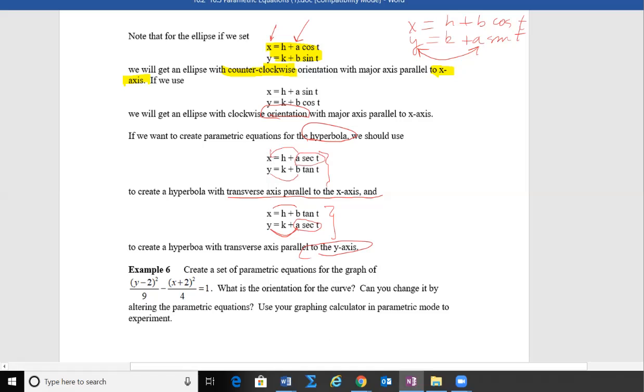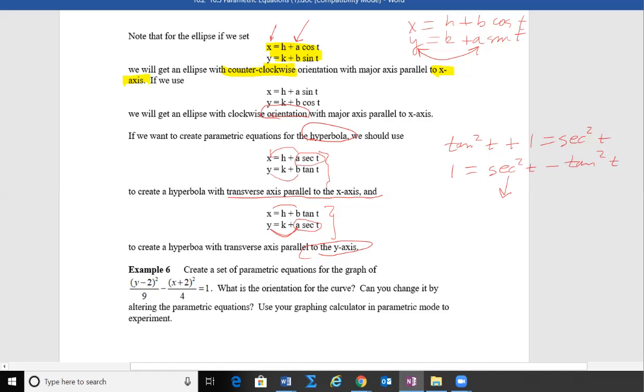I should show you that briefly, because tangent squared t plus 1 is secant squared t. So 1 equals secant squared t minus tangent squared t. You don't have the choice of just using either variable. Whichever variable you associate the secant with, that will be your transverse axis.